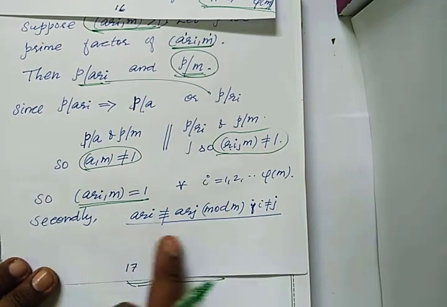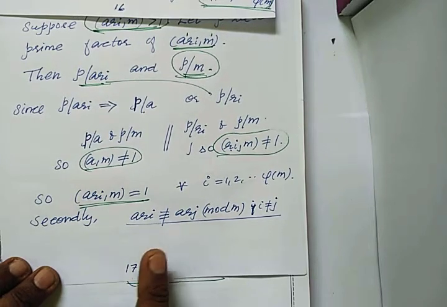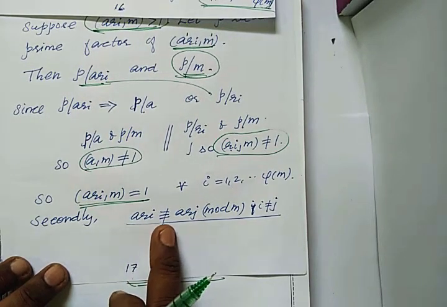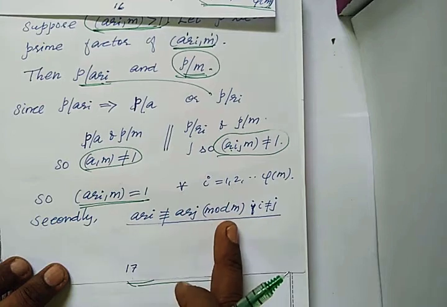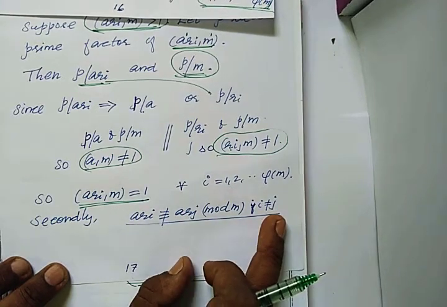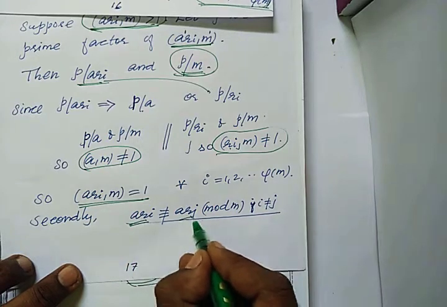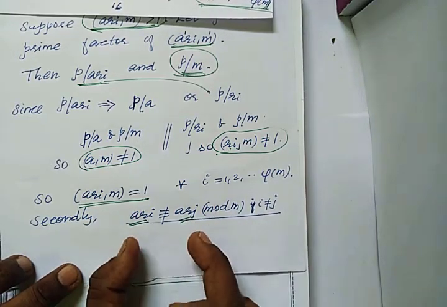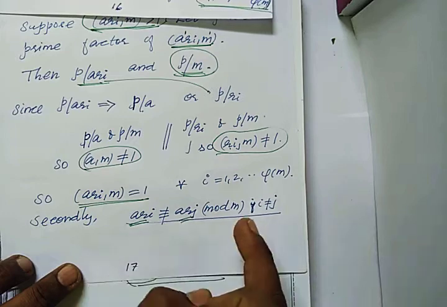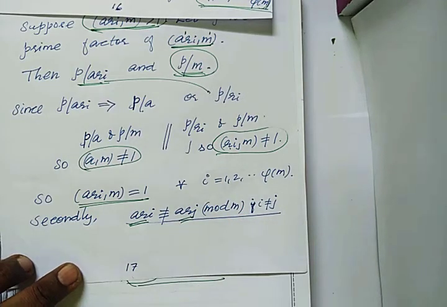Now secondly we are going to show that Ari is not congruent to Arj mod m if i is not equal to j. That means this number as well as this number won't leave the same remainder when we divide by m.